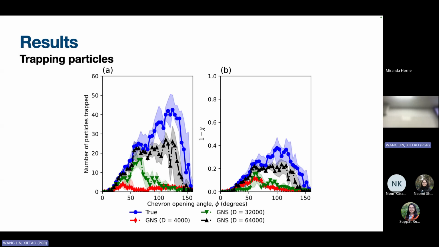We can see that for this one, because the problem is a bit harder, we need more data. And we expect the gap to close the moment we have infinite data, but we haven't run the compute for that.